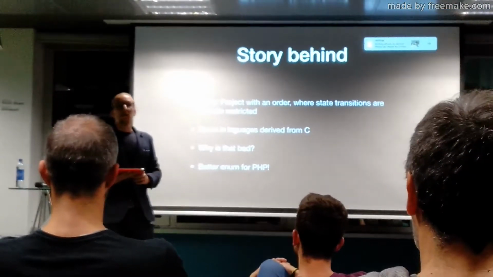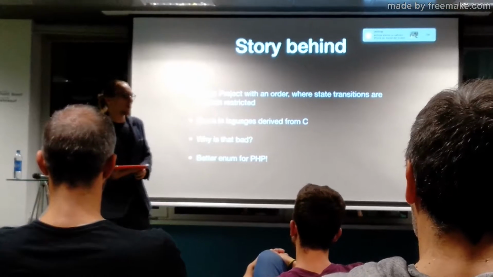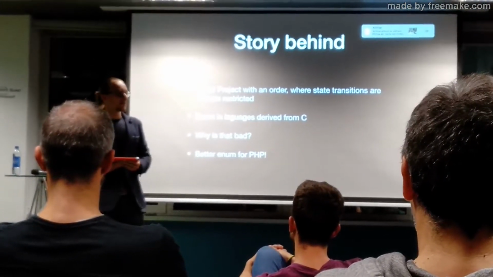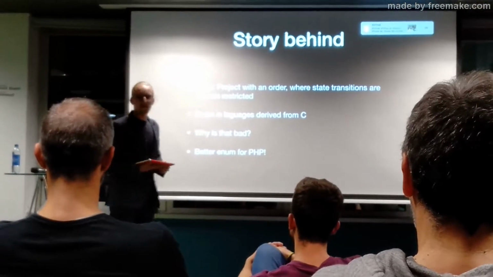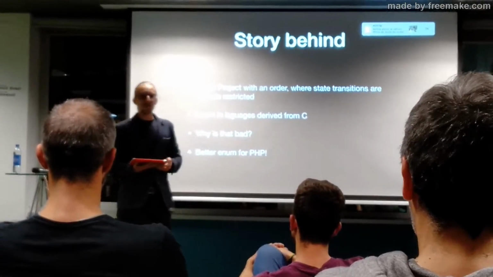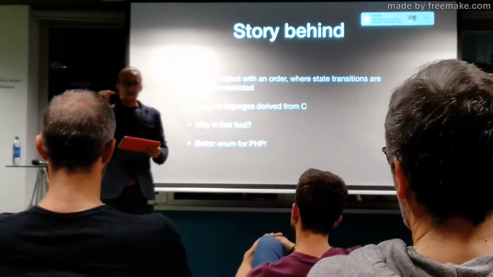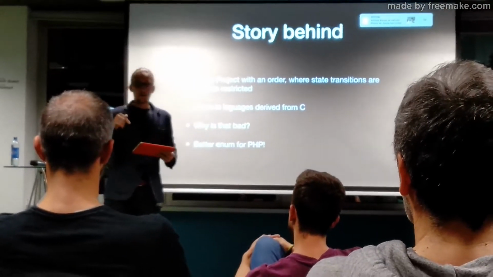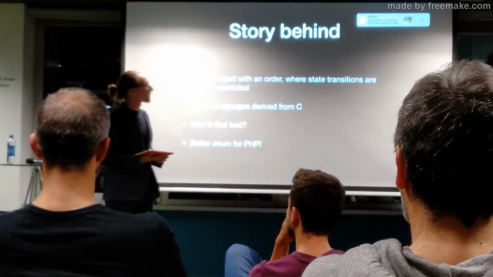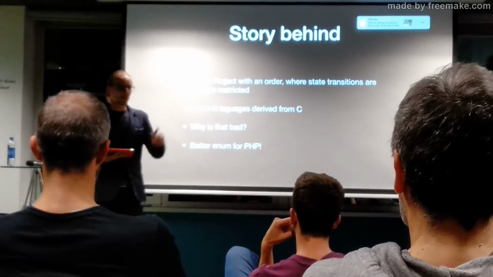This project started as a school project when I was playing with Java, and there is a really huge enum in Java, and I wanted to bring this into PHP because you can actually define behavior on top of every value in that enum.